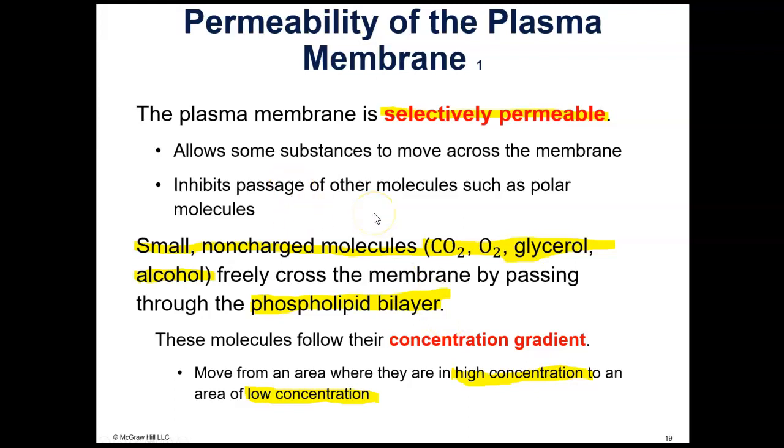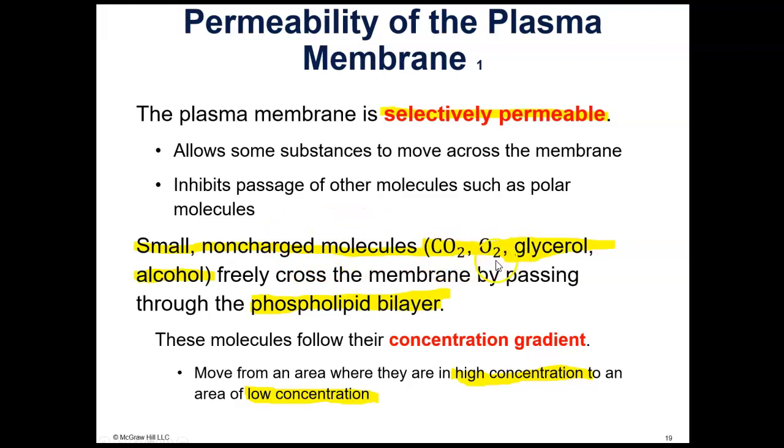In other words, they are not soluble in water. So these molecules are going to be small, they're going to be non-charged, and if they're covalent, they'll be non-polar. They won't have a charge and they won't be polar because water is polar. So they're non-polar, non-charged, and they are small.